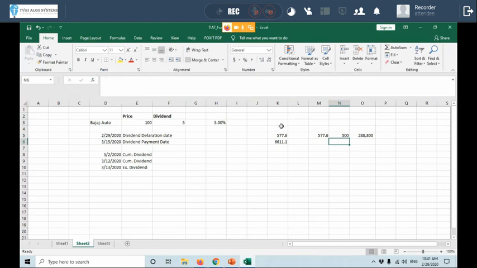So, your stock price has decreased, your outstanding shares have increased. That's why your market cap will remain the same. Got it?